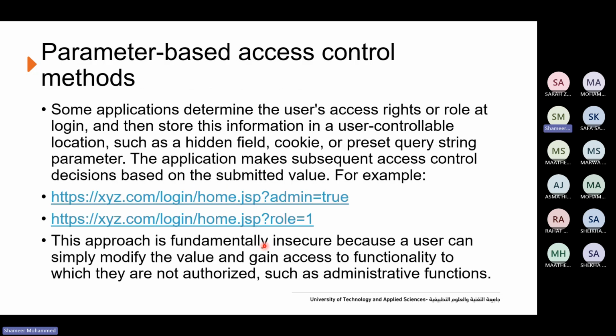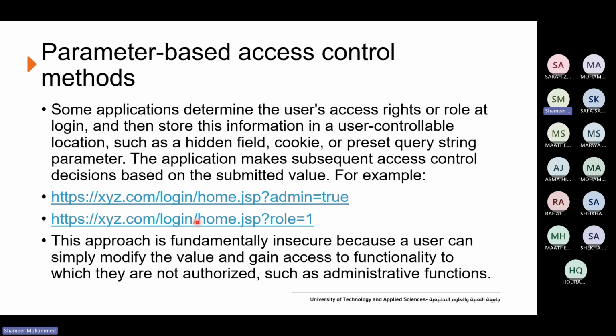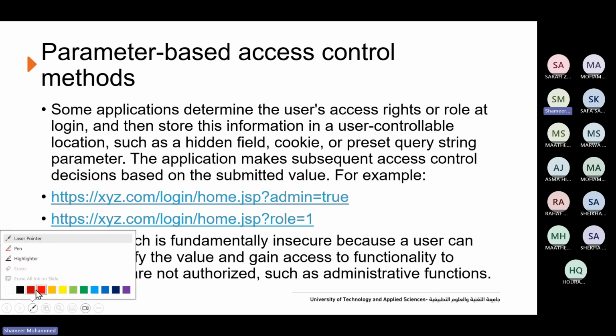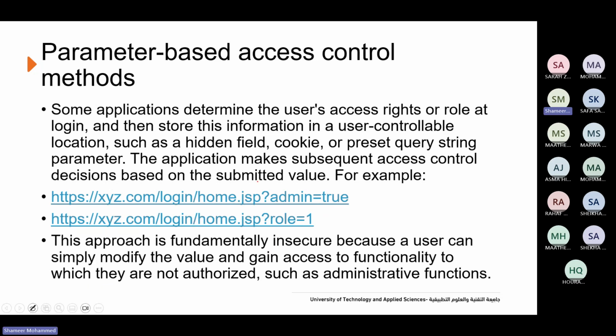Next one, parameter based access control method. Like this, you should not use in your web application: admin equal to true or admin equal to false. Like this, you should not pass. What are these things? These are nothing but parameters, a parameter key and value. Role equal to 1, role equal to 2.